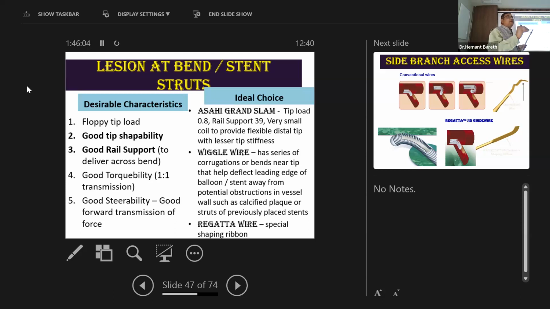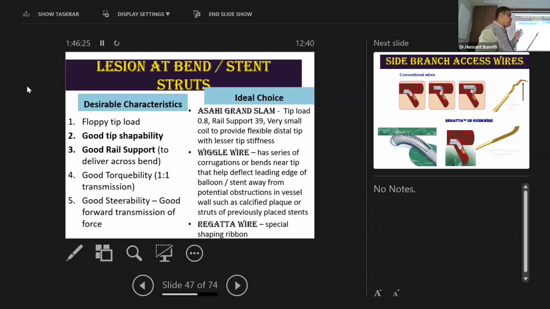You need a floppy tip load wire, which can be shaped properly, because ultimately you shape it before putting the wire inside, and then you know where the stent started and what angle the vessel is coming at.